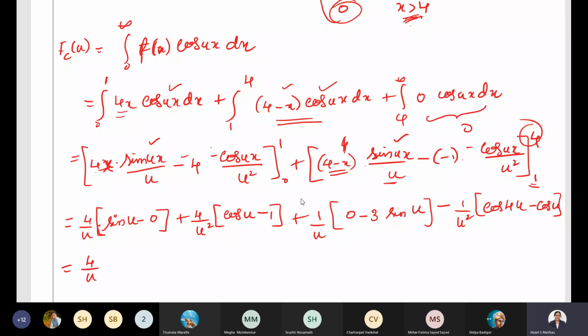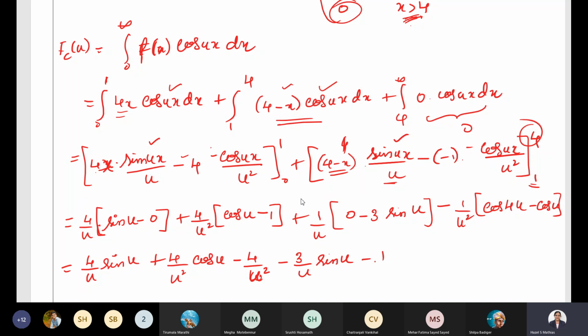Let's simplify this. What do we get over here? 4 by u sine u. Then here we have 4 by u square into cos u. Then 4 by u square into minus 1 is minus 4 by u square. Then here we have minus 3 by u into sine u.